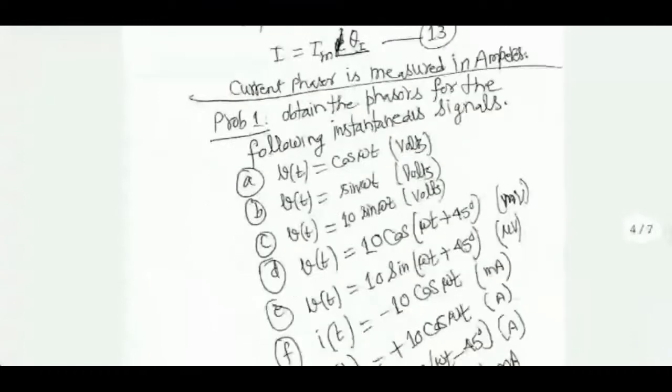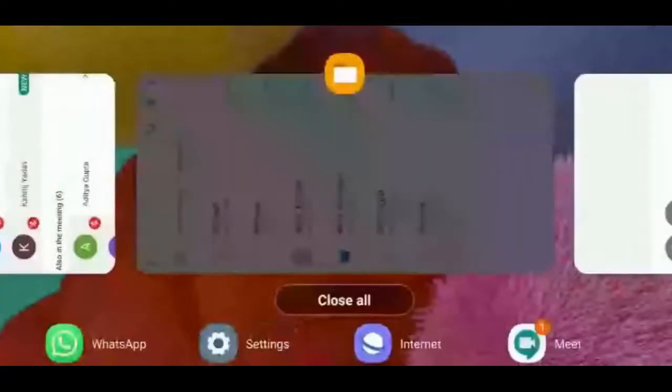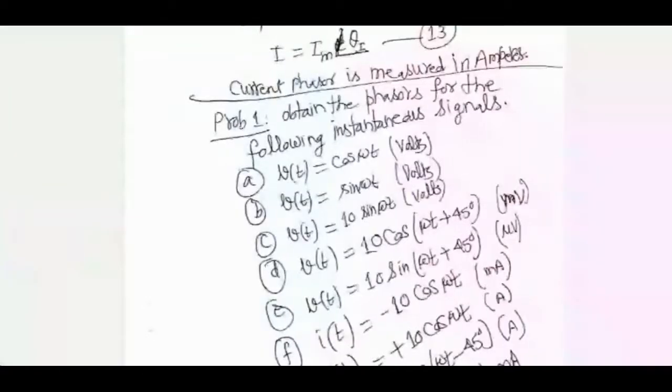Some examples here for converting a time domain signal to phasor. Obtain the phasors for the following instantaneous signals. A, v(t) is cos omega t. So amplitude is 1 volt.